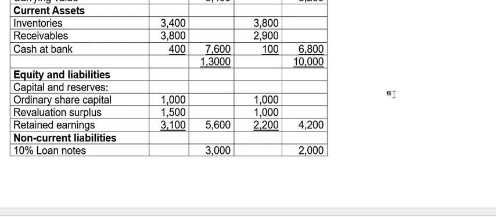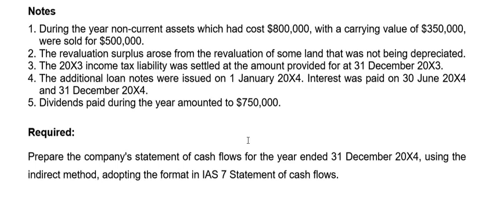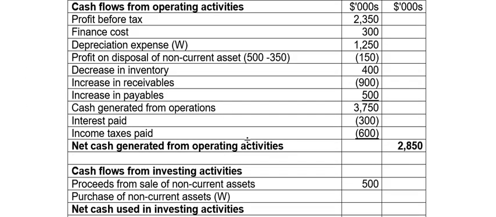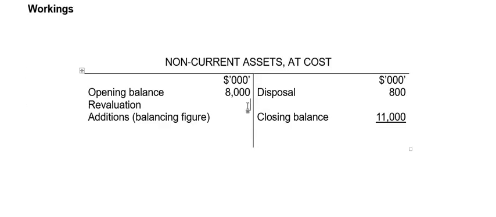You see there is an increase in the balance of revaluation surplus from 1,000 to 1,500, meaning that there was a revaluation surplus of 500. So this is an increase in the value of non-current assets. So revaluation 500. Assets increased in value as a result of revaluation. So balance up this account.